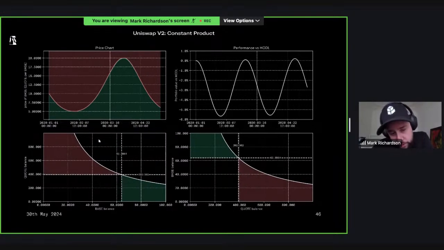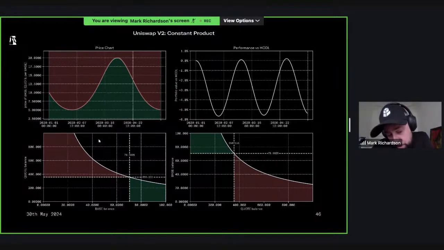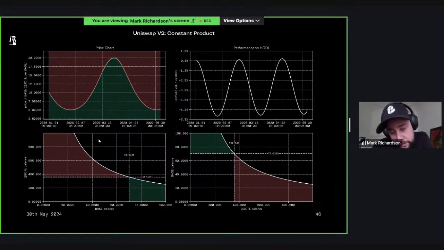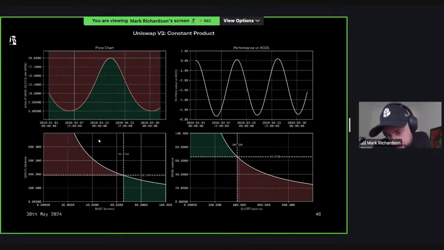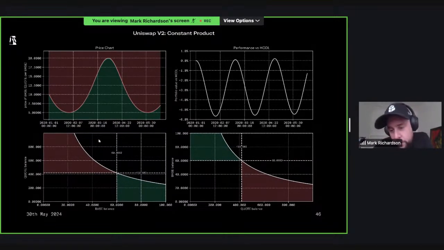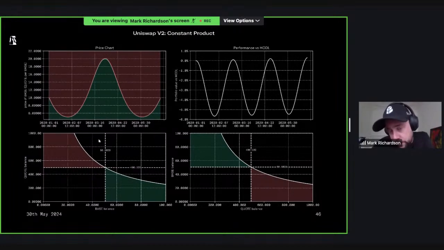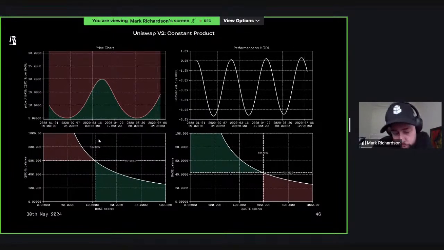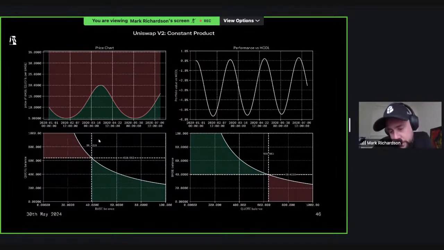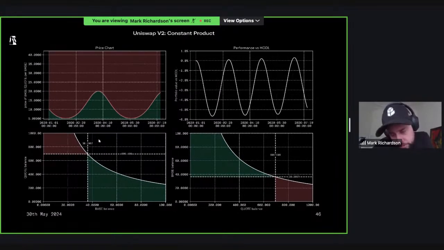In the plot on the left, we've got the quote token on the y-axis and the base token on the x-axis, and the opposite for the right curve, the base balance on the y and the quote balance on the x. What I want you to see here is that there's a symmetry to it. It is a symmetric operation that's happening as we move back and forth. As the market breathes in and out, we're just moving up and down on this curve.